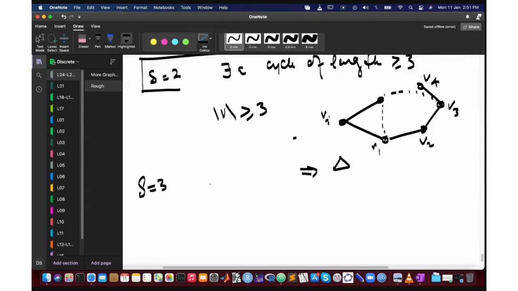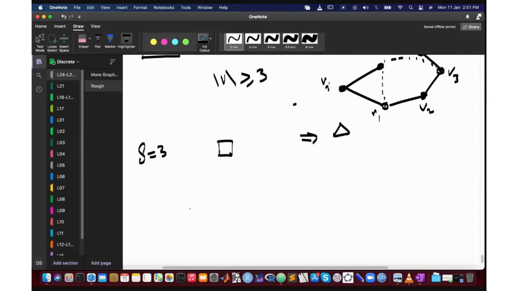Yes, we have to find a cycle which is at least this big. So we can simply say that given any delta, meaning any minimum degree, the number of vertices is at least delta plus 1 for any graph. So that I think is a proof in itself.